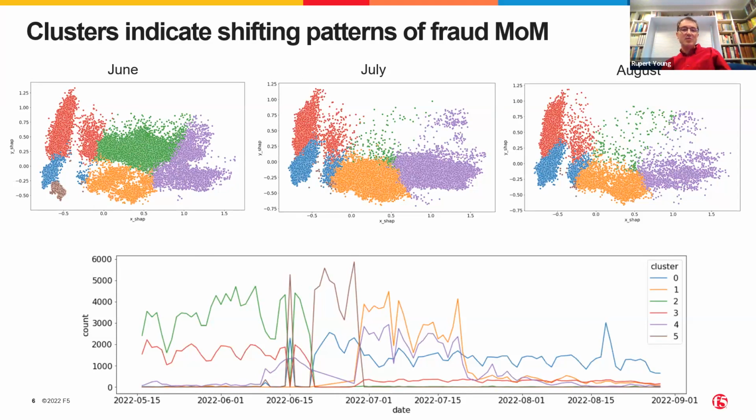Between June and July, you see that the green pattern disappeared. If you look below in the chart, you can see the green was going along, and then around June 21st, it disappeared.